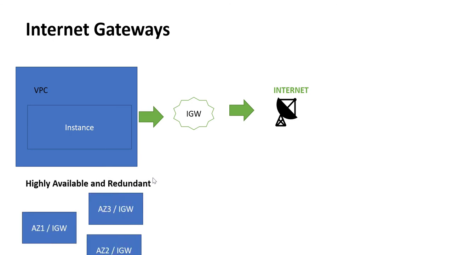To make the IGW highly available and redundant, the reason is that if you have different instances all routing to the same internet gateway, which is only on one AZ, and that internet gateway fails, then all the communication stops.